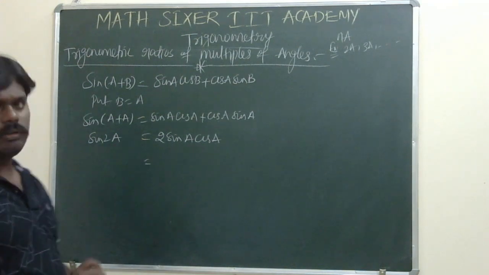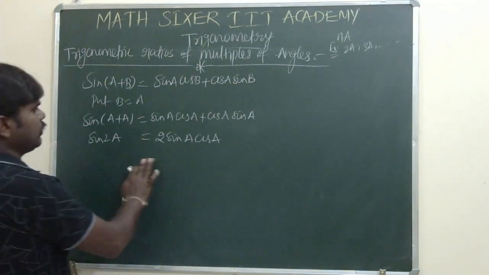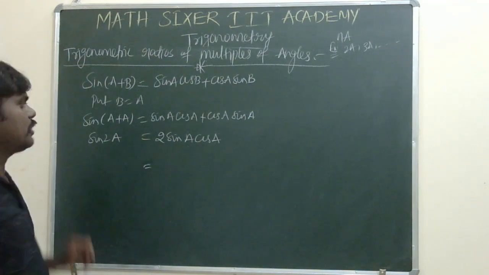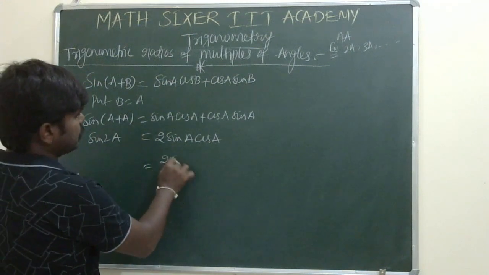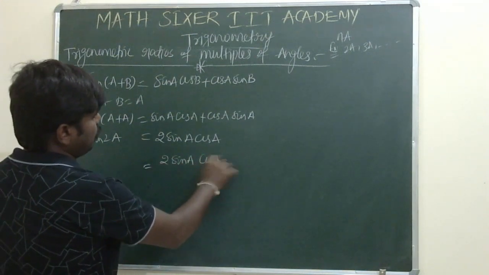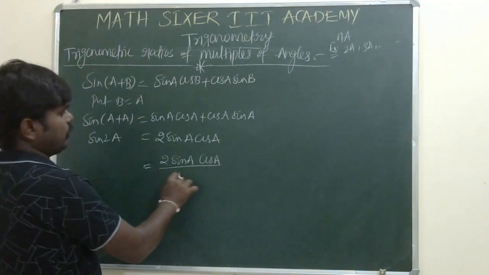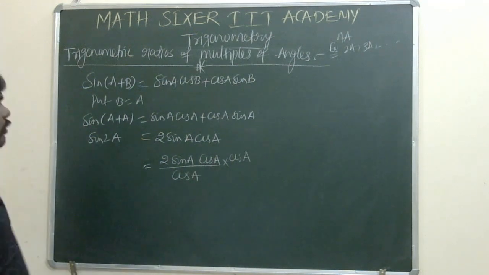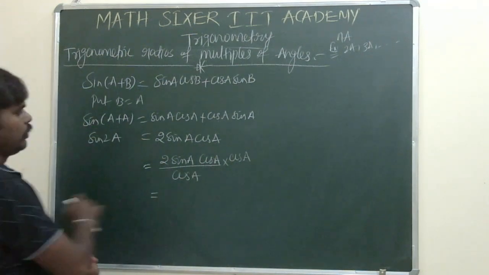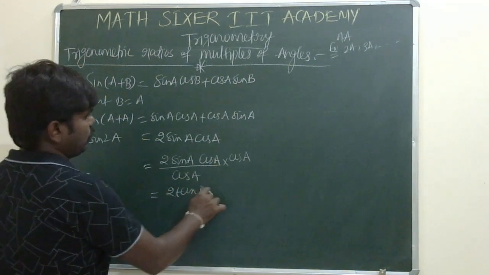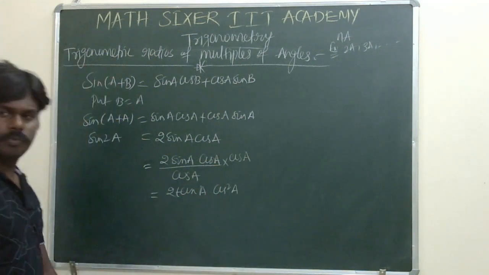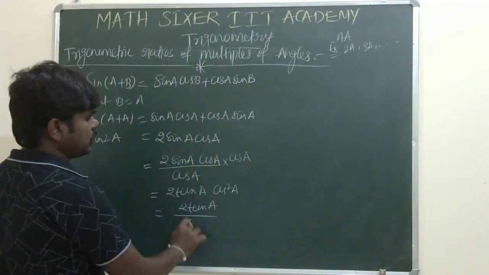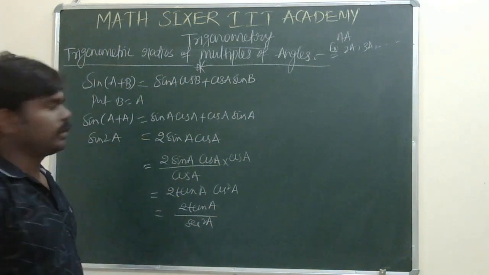Next, I will divide by cos square A. So what we get is 2 sin A cos A divided by cos A into cos A, that is 2 tan A into cos square A. Here cos square A can be written as secant square A, since they are reciprocal to each other.